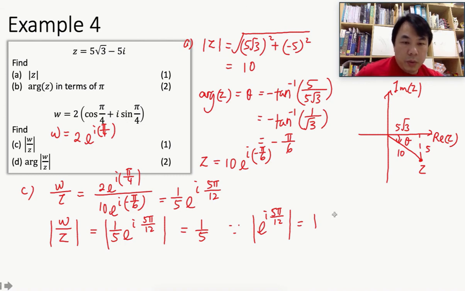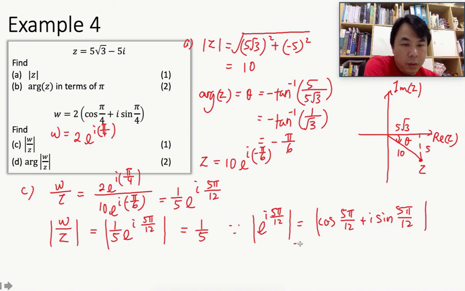Okay. Anyway, for reference, we also know that e^(i theta), sorry, I think I wrote it down wrongly. Hold on, just let me. Now, if you want to check whether this is correct, you can always try this out using this. Okay, so the magnitude of this is the magnitude of cosine 5 pi over 12 plus i sine 5 pi over 12.